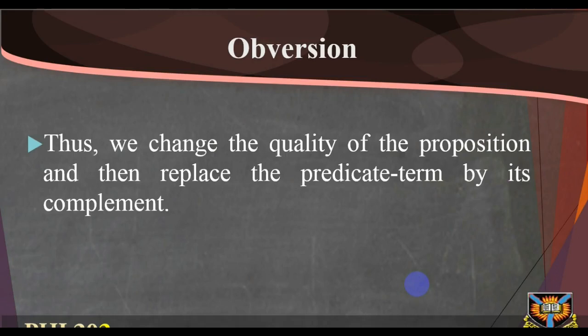I proposition. Obvertend. Some men are politicians. Obverse. Some men are not non-politicians. O proposition. Obvertend. Some men are not politicians.